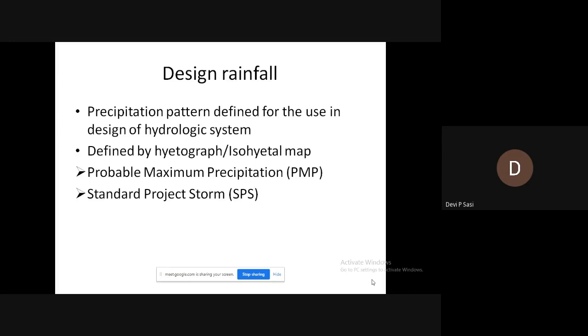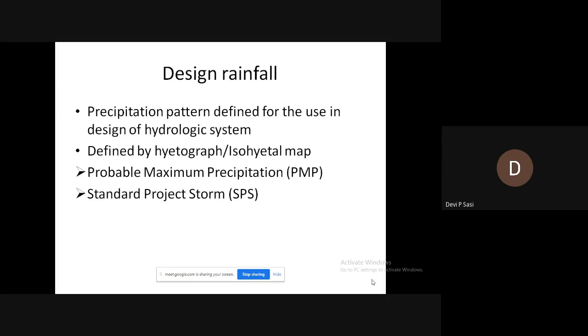It is obtained by studying all the storms that have occurred over the region and maximizing them for the most critical atmospheric condition. We study all the storms and maximize the value for the most critical condition; then it is called PMP, probable maximum precipitation.